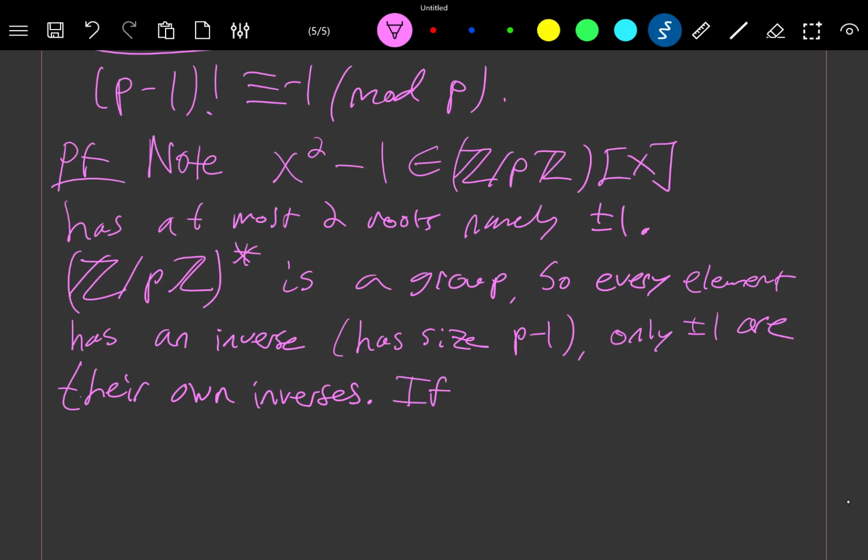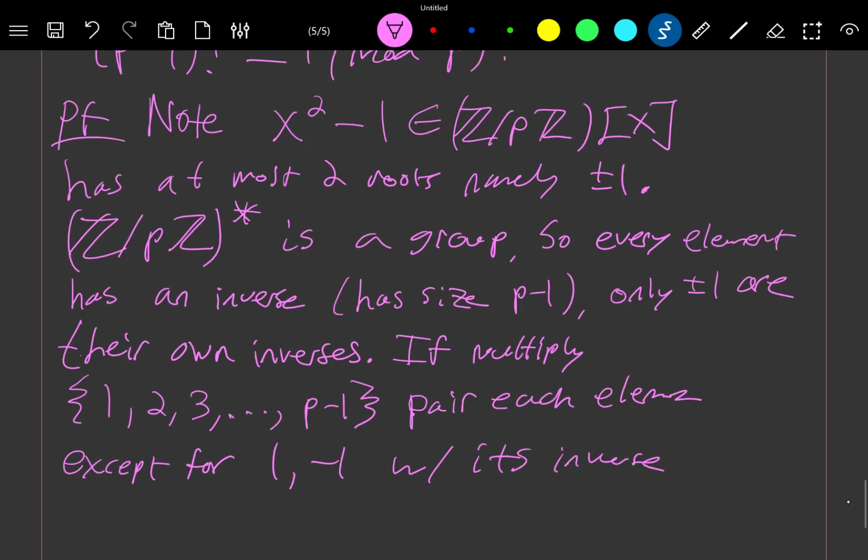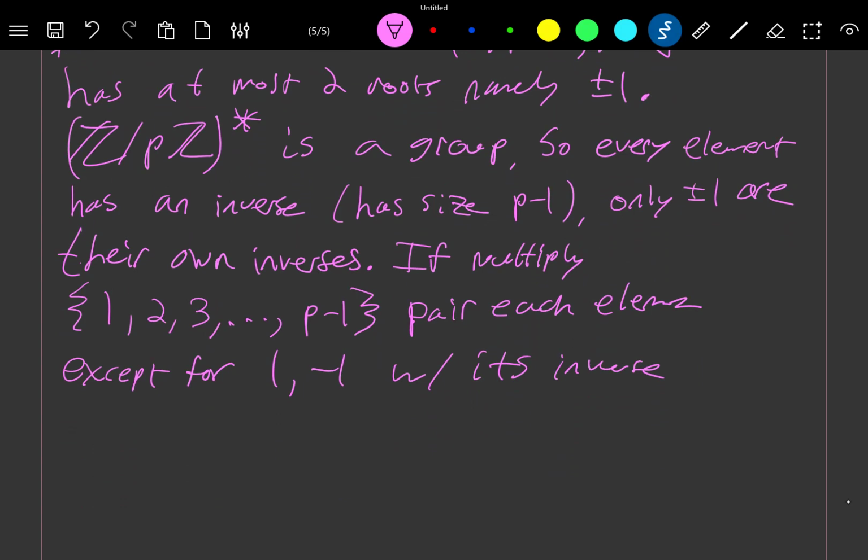If we multiply together every element, this is going to look like 1, 2, 3, all the way to p minus 1. If we pair each element except for 1 and minus 1 with its inverse, the product of an element and its inverse is 1.